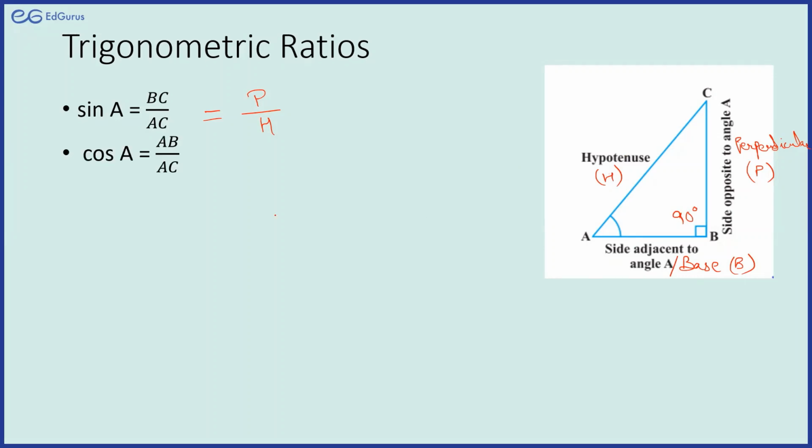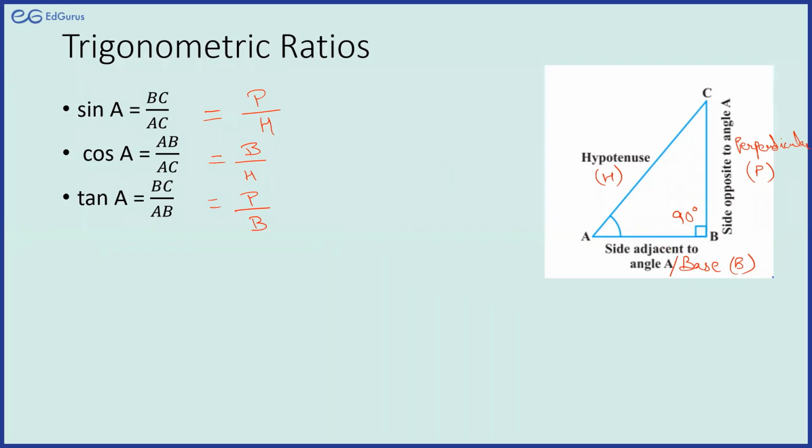Similarly, cosine of A is base AB divided by hypotenuse. So the ratio of the base and the hypotenuse, and base is the side adjacent to angle A. And tan of A is the ratio of perpendicular and base. So perpendicular, the side opposite angle A, and base, the side adjacent to angle A. Okay, so these are the three most common, most basic formulae of trigonometric ratios that you need to know.